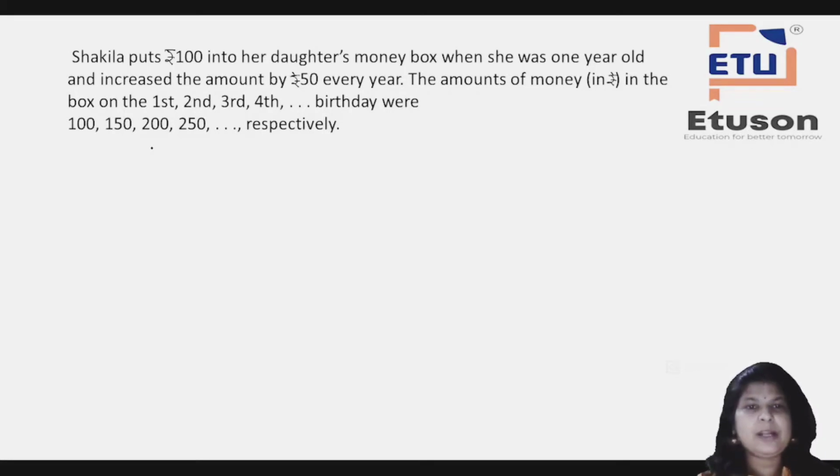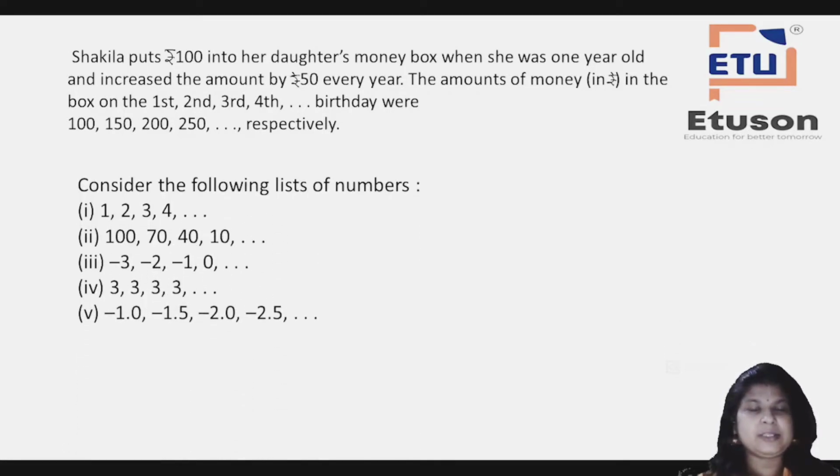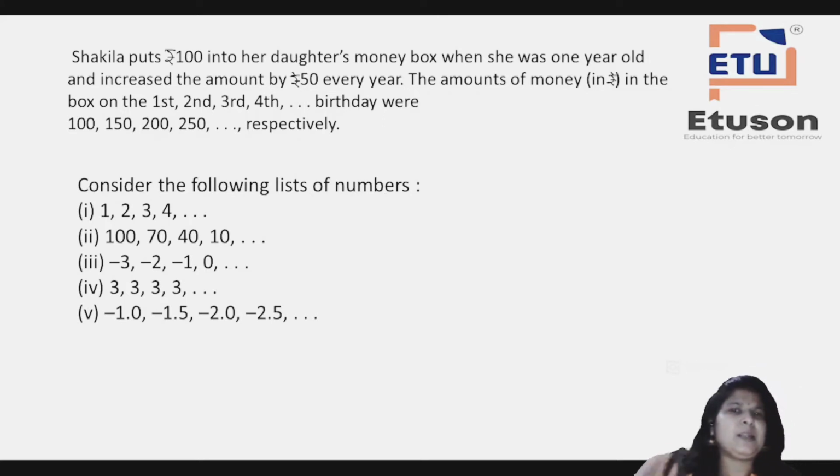Okay. So what you are observing in all this pattern? There is a subsequent change. There is a relationship existing between the preceding value and the succeeding value. Correct or not? Let us understand some more patterns by considering some numbers.